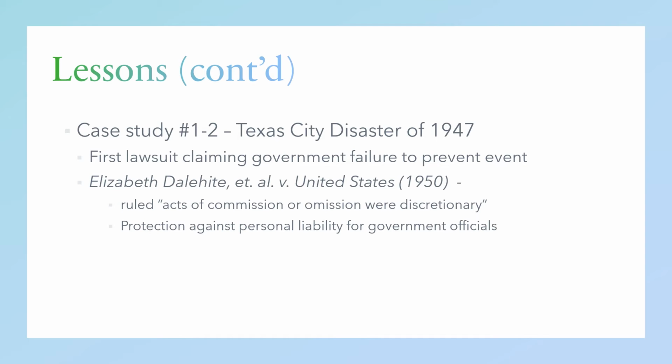And so what it ended up doing is not helping the folks that were injured or killed in the explosion, but it set the precedent that officials are absolved from any personal liability for the results of their actions. In today's environment, that has been somewhat adjusted.